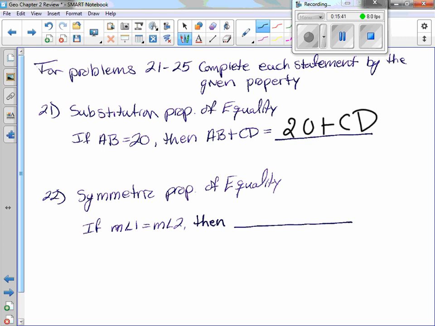So I can substitute 20 in for AB. I can substitute that value in. The symmetric property says, well, if A equals B, then B equals A. So here, it would be the measure of angle 2 is equal to the measure of angle 1. It's symmetric. We can flip it.